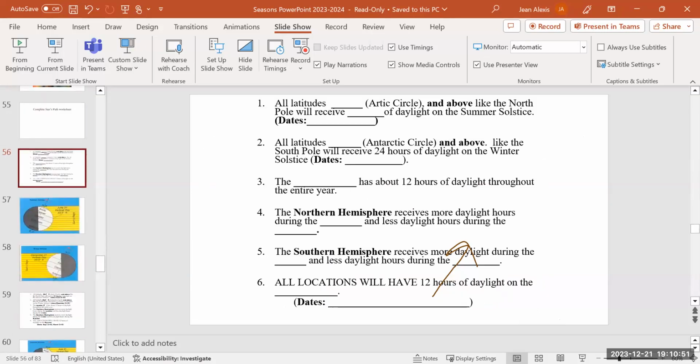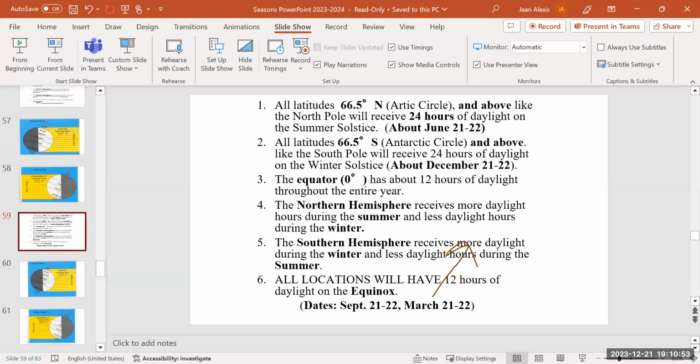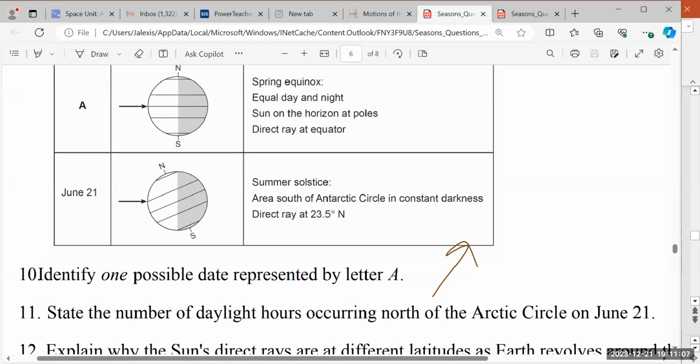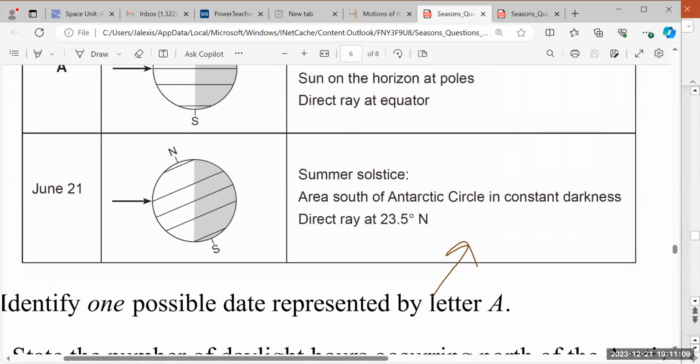When you look back at your notes, the Arctic Circle has a latitude of 66.5 degrees. Okay, so the Arctic Circle, and I'm going to zoom in for June 21st. The Arctic Circle is basically that latitude right below the North Pole. So the Arctic Circle is right here.